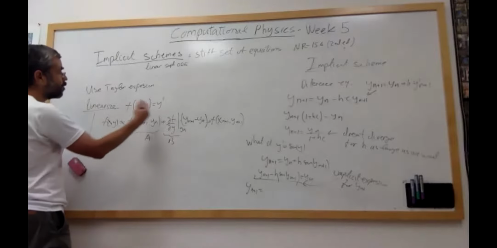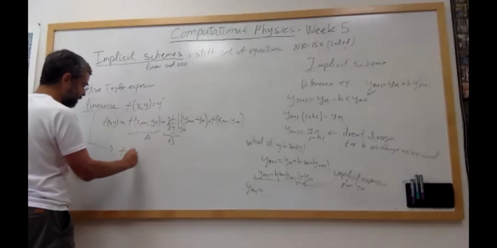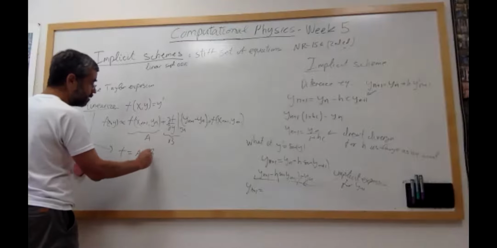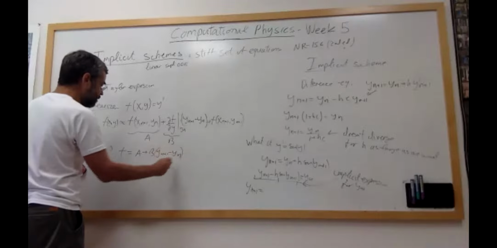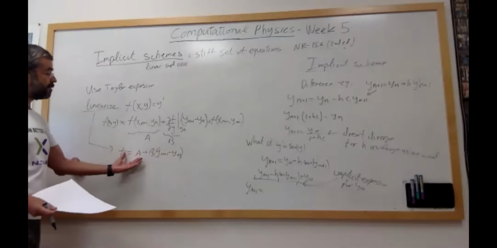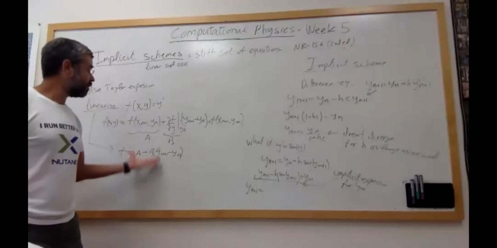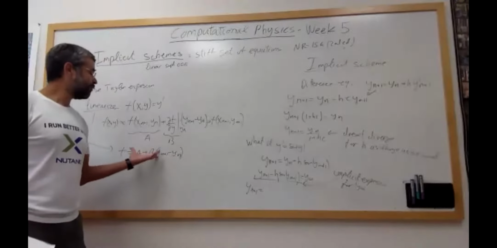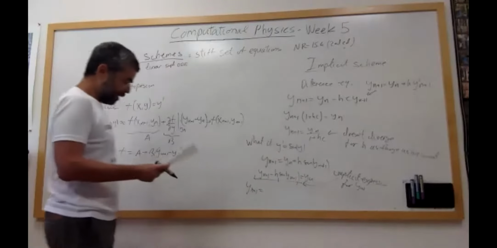So basically, we write the differential equation as A, some constant, plus B times yn plus 1 minus yn. So we turn it into a differential equation which is now linear in y, rather than a sine, for example.